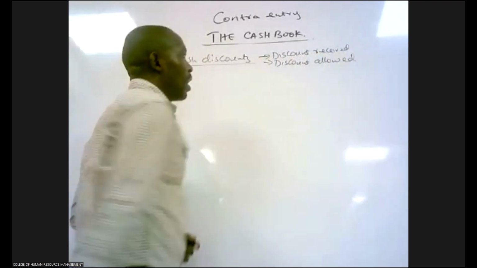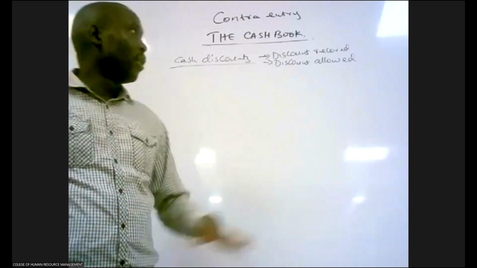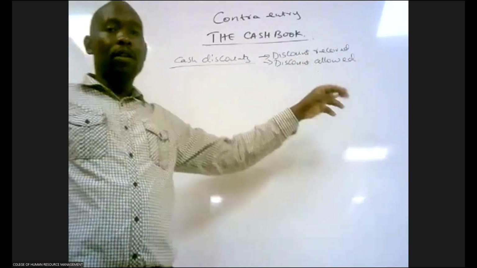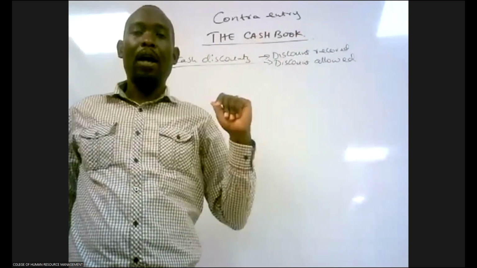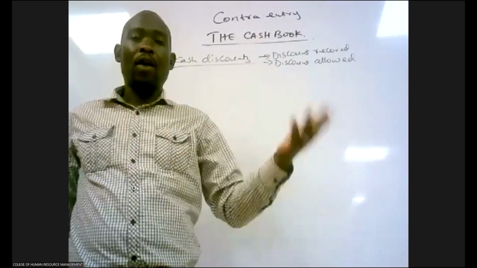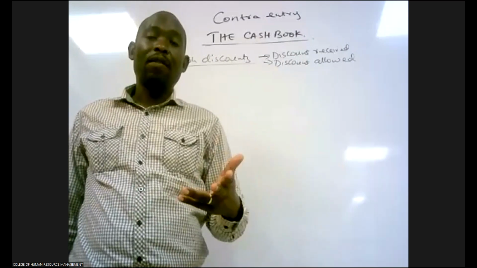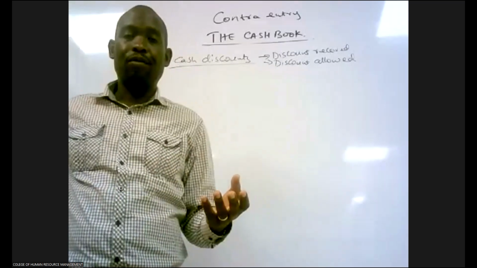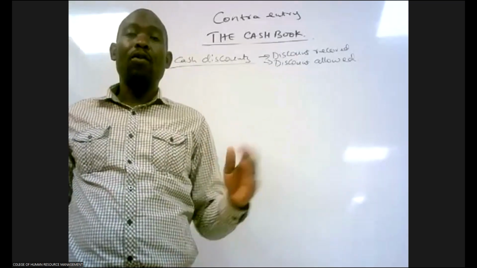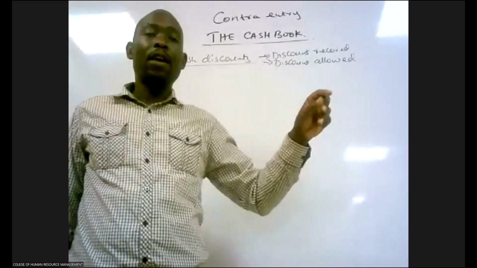These 2 are normally regarded as the cash discount. Discount allowed is what the business is allowing our customer. And remember, the discount allowed is normally considered as an expense because it is going to reduce our revenue.